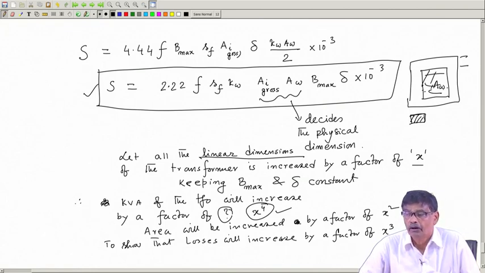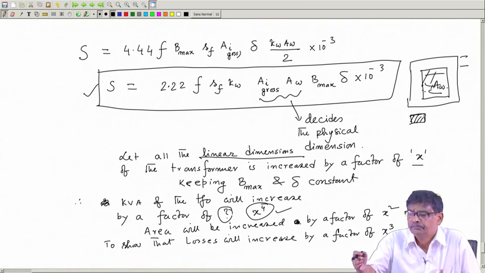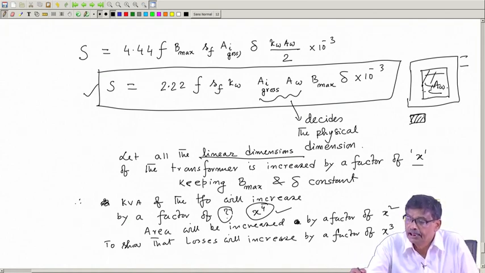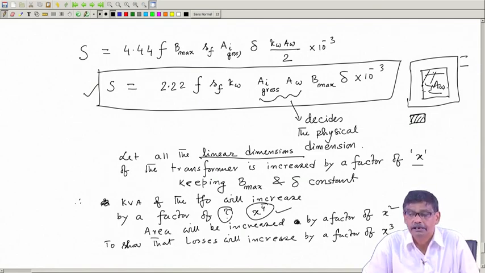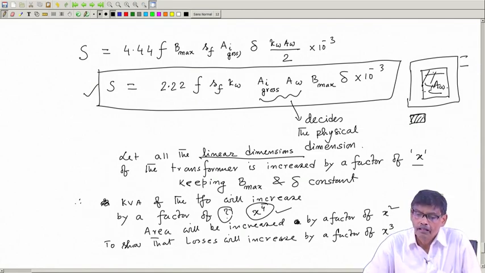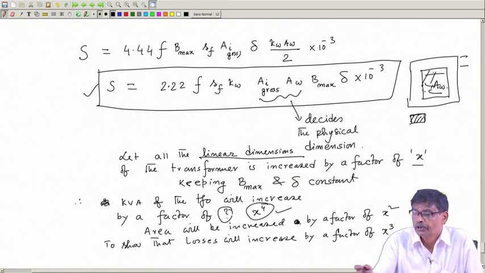There will also be space required by the insulation, which will be covering the conductors, and so on. So, about 35% of the window physical area will be occupied by copper. So, in terms of that, for a core type transformer, we got this KVA rating.